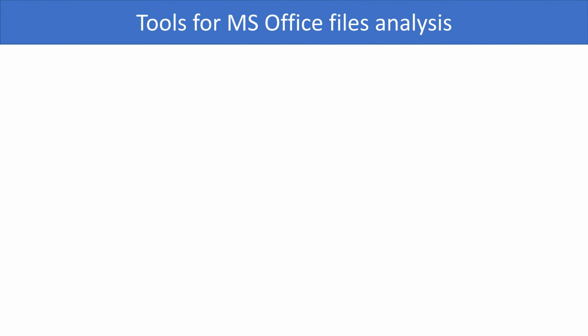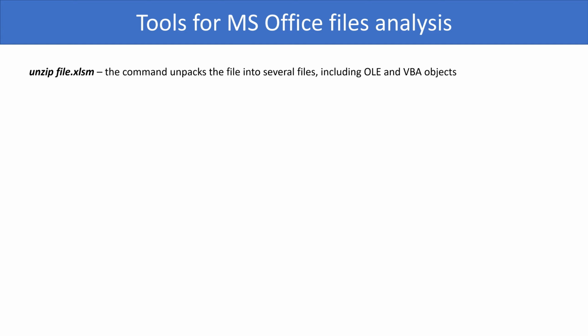Now that we know what to look for, we'll need programs to conduct a thorough analysis. First and foremost, I recommend a standard zip archiver. With it, you can decompose an Office file into its components and identify suspicious objects. Keep in mind that this action is applicable to Office OpenXML format files.